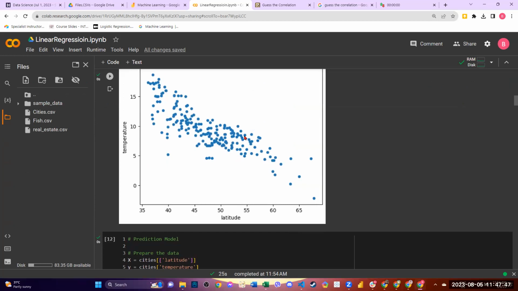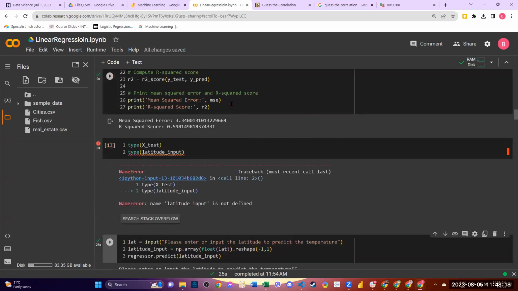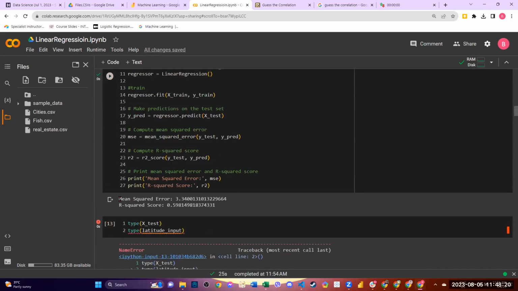Okay, so I think it's around this area. Can you see my mouse pointer? Okay, so our prediction is around this area, which if we compare it to our historical data, is accurate, right? Therefore, we can say that this is a good model because it has a mean square error of 3.3.